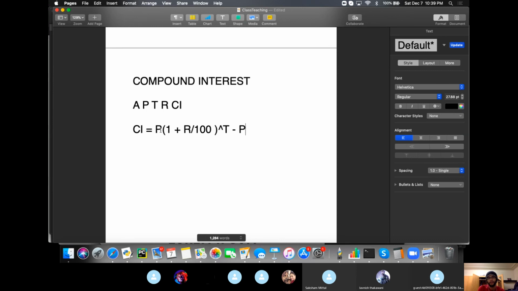You are multiplying P. Inside the bracket you have 1 plus R by 100, and you are raising this to the power T, and then you are finally subtracting P.